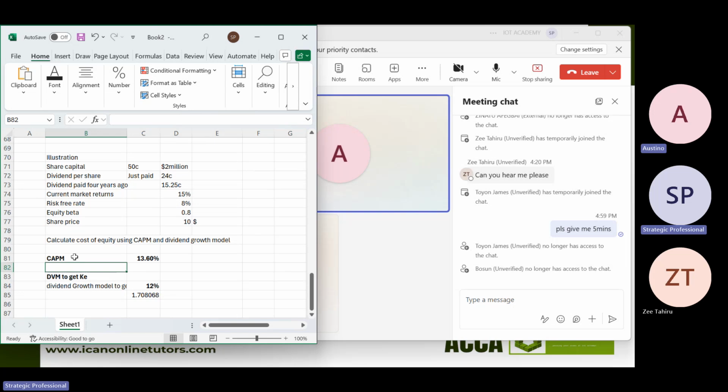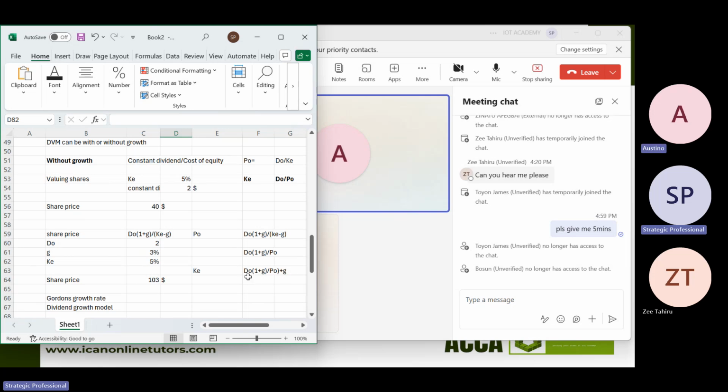We solved for CAPM because we have all the data, which is 13.6. But for DVM, to get the cost of equity, we need D0, the growth rate, P0, and g.